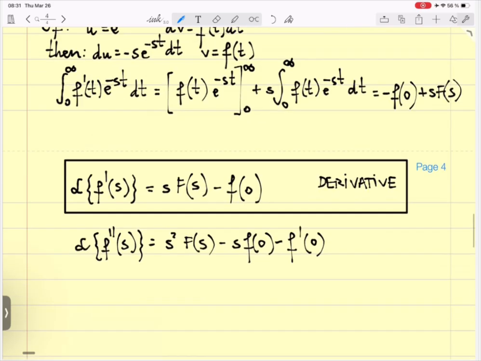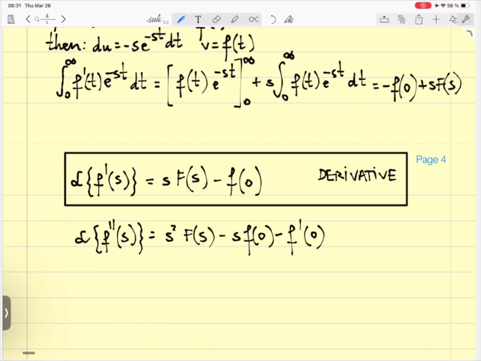So if we assume that the system is in equilibrium in the beginning, okay, so it's zero. If we assume that f(0) equals first derivative in 0, second derivative in 0, and so on.